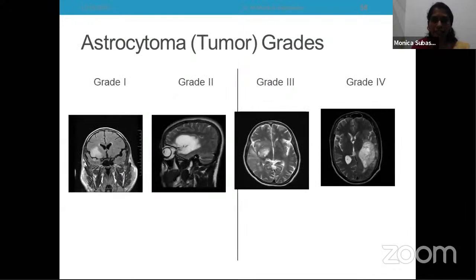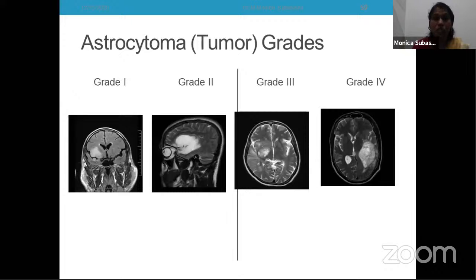I have a few case studies related to this research. I won't be boring you much. I have some diagrams and pictorial representations. This is the problem statement of my PhD. I worked with one type of brain tumor, known as astrocytoma.